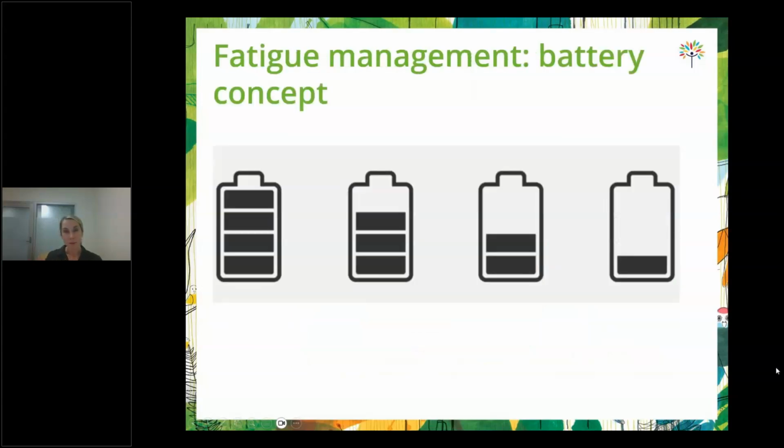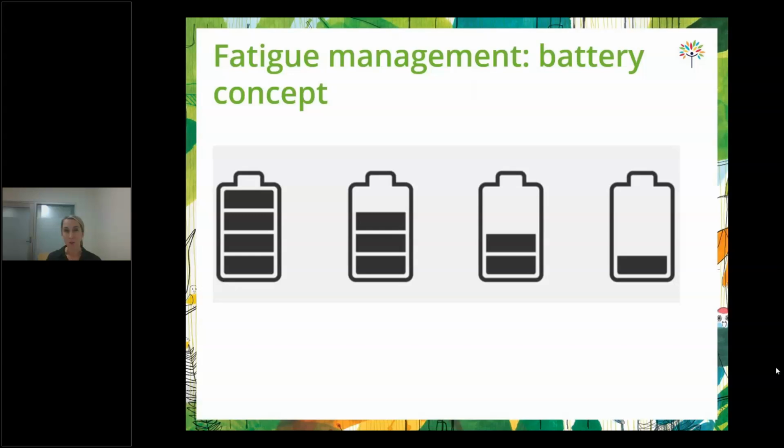Another concept that we find particularly useful is this battery concept. So it involves thinking about your energy levels as being like an iPhone battery, and due to MS, the adolescent's battery may not charge as quickly or as fully as other peers their age, and it might also drain more quickly.